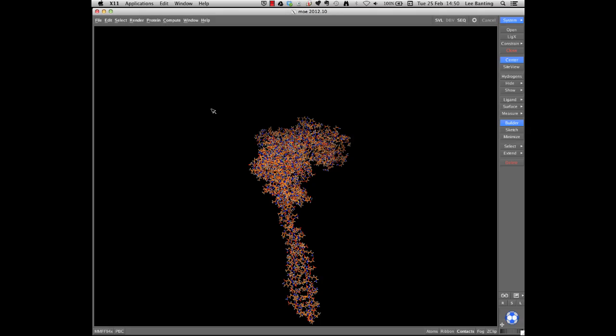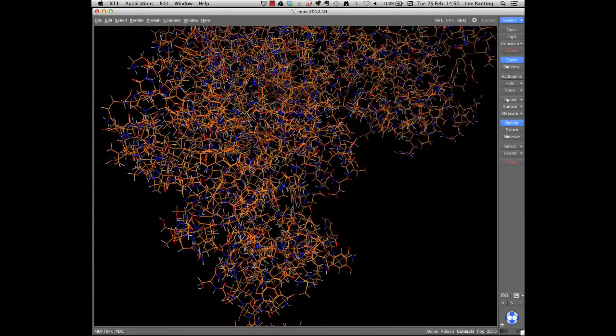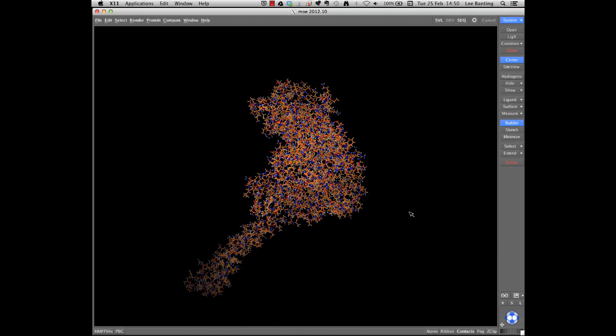There's lots of things I can do graphically to the molecule to investigate its properties. But this now demonstrates that we can have a protein ready for molecular mechanics, and we can have a small molecule ready for molecular mechanics, and we can now interact the two together.